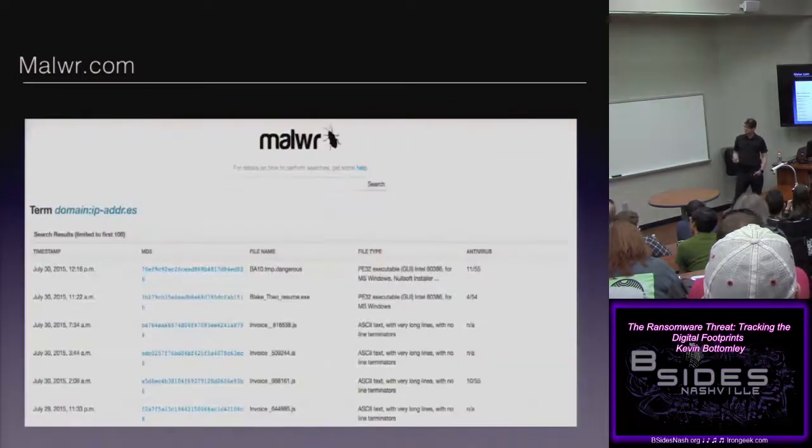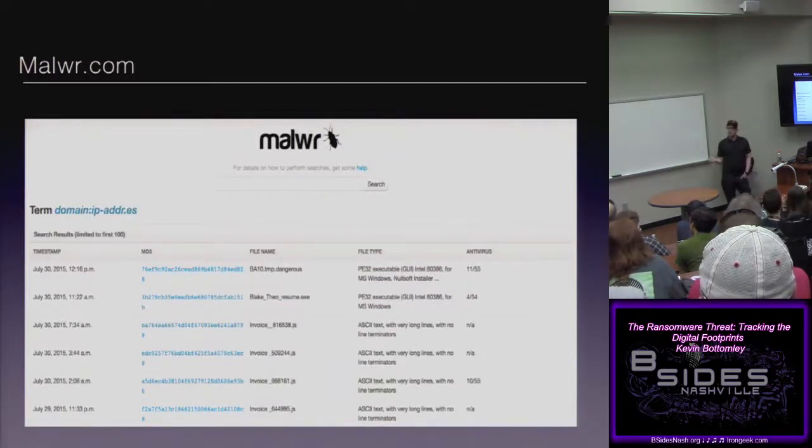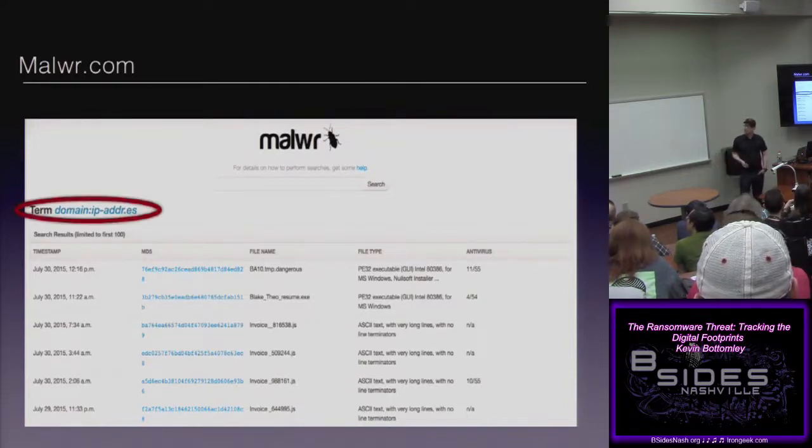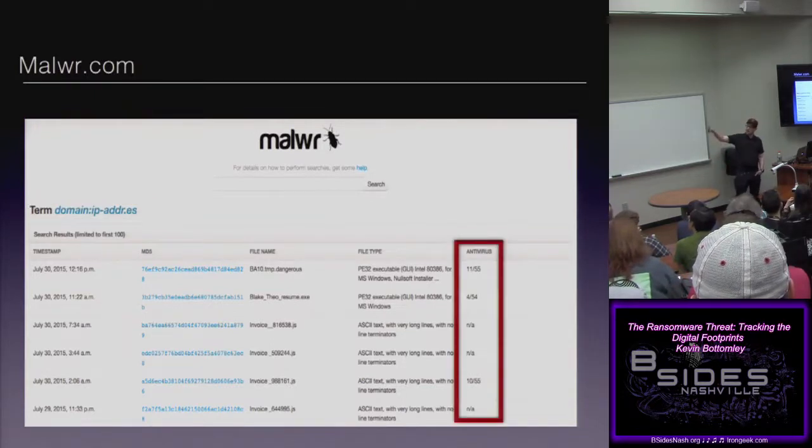But essentially what you end up with is a list like this. And this is all the files that malware.com has that have IP address and the network information. So if we take a look, there's our term for the domain, and then if we see the antivirus scores, if you look at it, it's clearly bad.